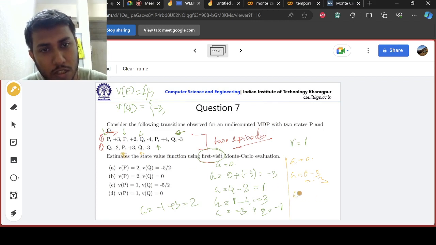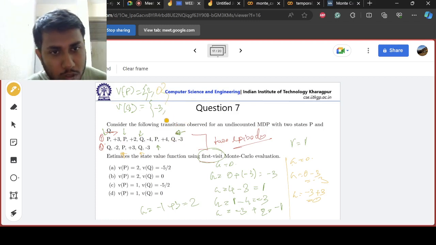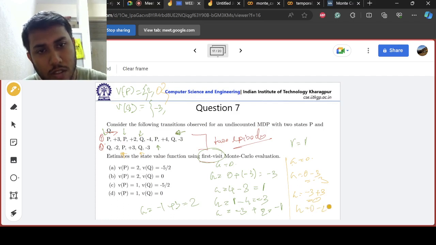Now G equals minus 3 plus 3 equals 0. And this is the last time we are visiting P, so we are updating it here. And then we come to the last one, Q. This is the last time we are visiting Q. Yes. Minus 2, and we update minus 2 here.